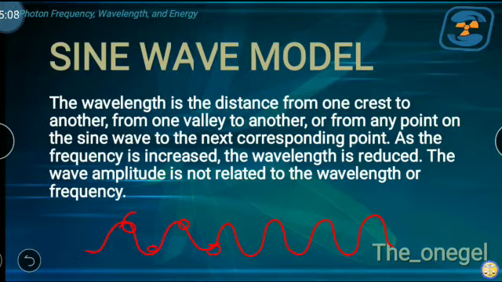So, trough or the valley. From one crest to another, this is a measure of wavelength. Or from one valley to another valley, this is also wavelength. Wavelength is designated by the Greek letter lambda.